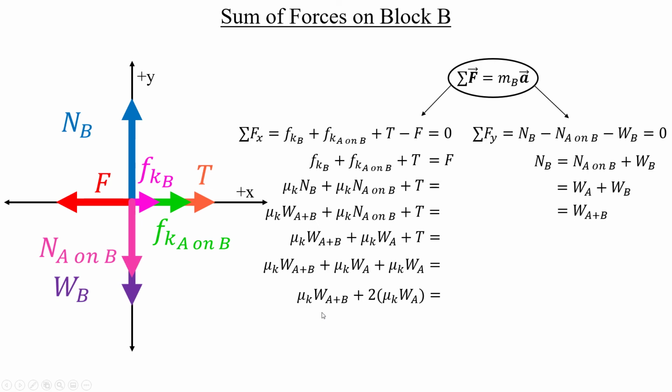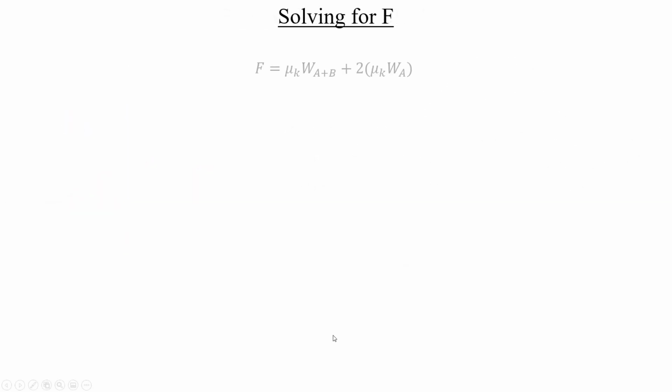And because I'm running out of screen here on this particular slide, I'm going to take this last expression and rewrite it on a fresh one like this. So we have F being equal to what that last line was on the previous slide. And remember, we said that this W_A+B, I wrote it like that because everything was getting filled up on my screen, and I just needed a compact notation. So let's break it apart again.